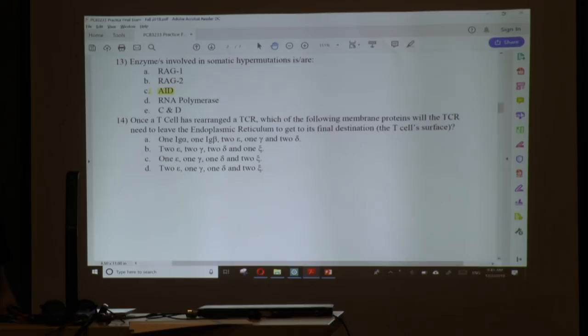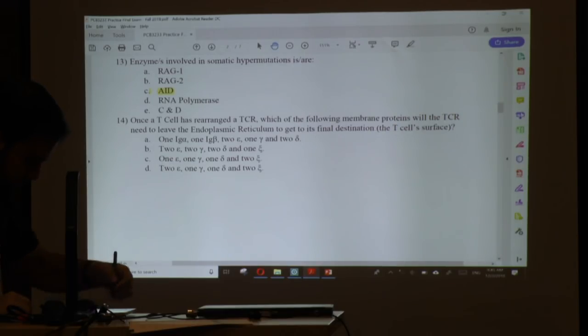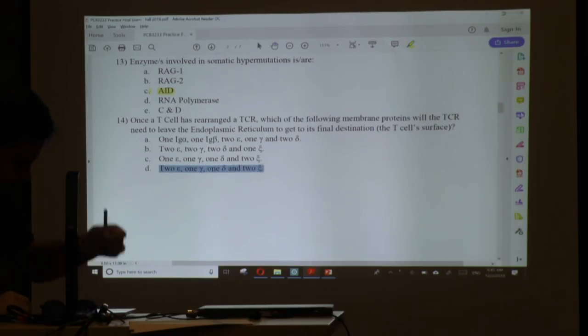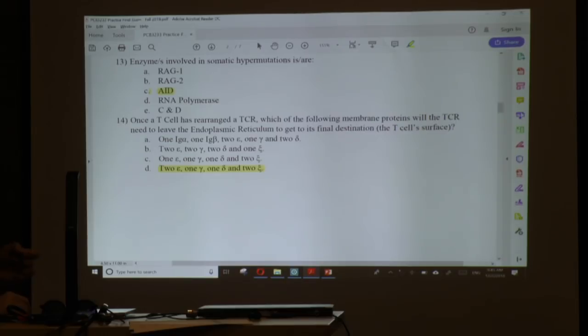CD3 complex, right? And the CD3 complex consists of 2 epsilons, 2 zetas, gamma, and delta, right? So 2 epsilon, 1 gamma, 1 delta, and 2 zetas. Yeah? Cool.